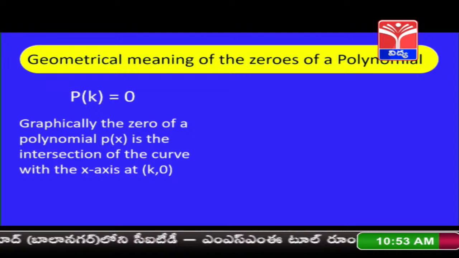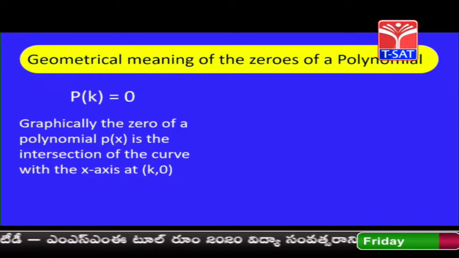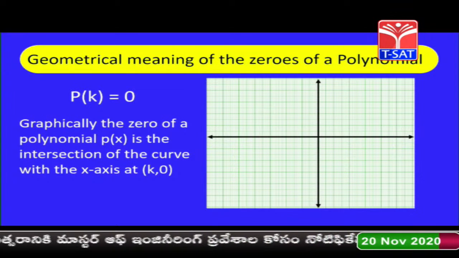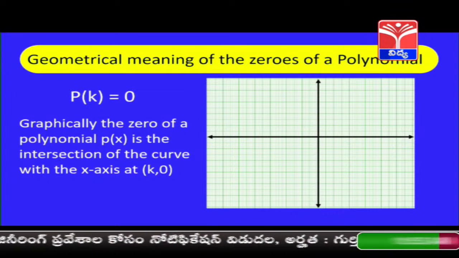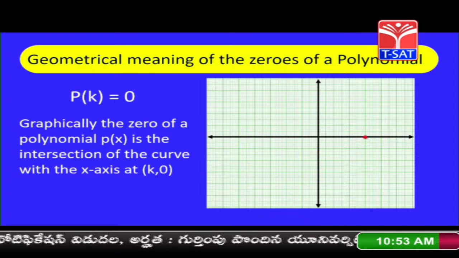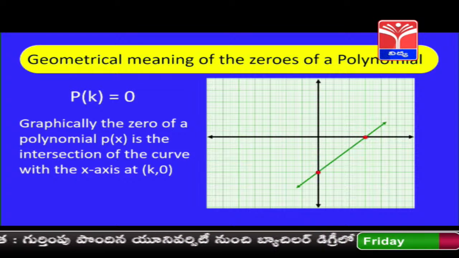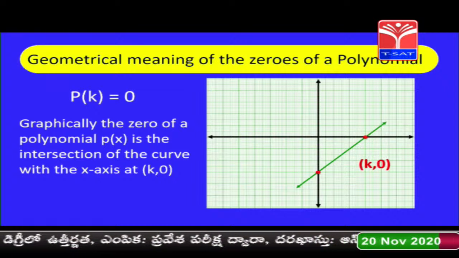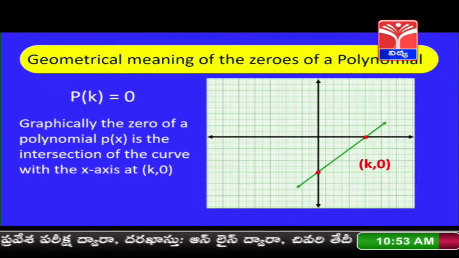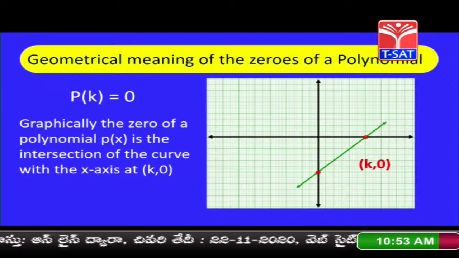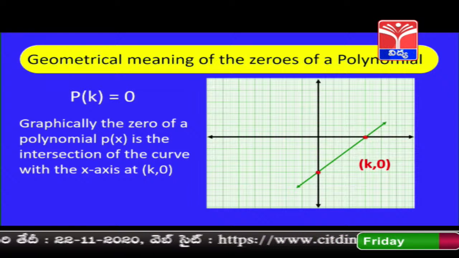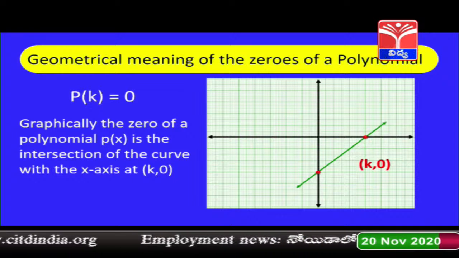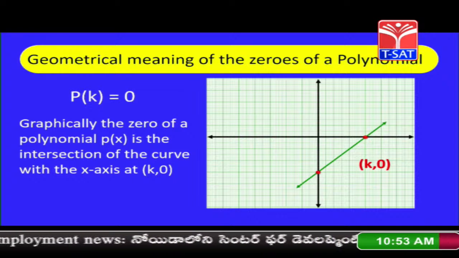If p of k is equal to 0, then in the graph, the particular curve or line intersects the x-axis at that point. So, this is one general example of a polynomial which intersects the x-axis at k comma 0. The x coordinate of the intersecting point of the x-axis and the curve is the zero of the polynomial.